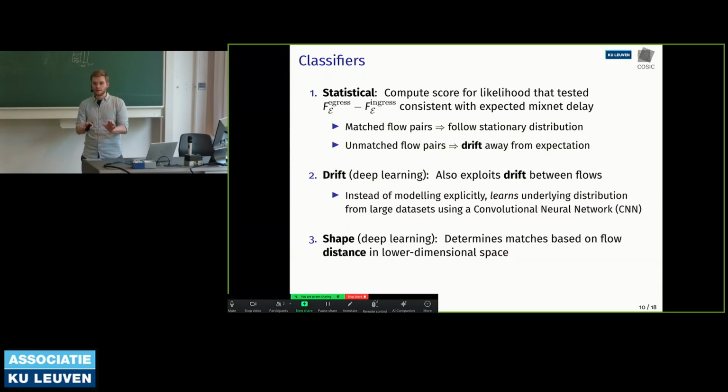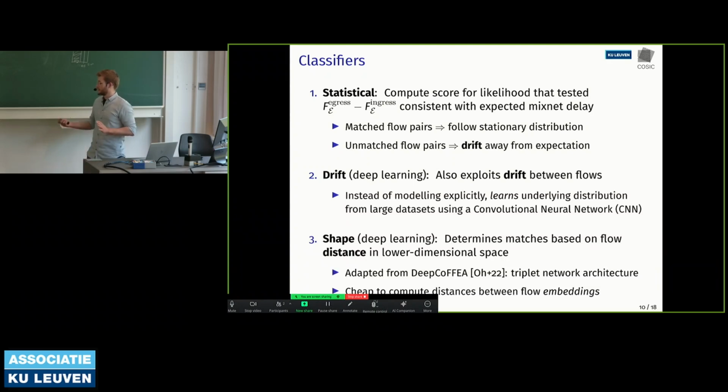In this distance metric, matched flows are grouped closely together, and unmatched flow pairs are spaced far apart. So you compute this distance metric, and based on that, you know whether the flow pair is matched or not. I mentioned it's adapted from Deep Coffee, and this architecture is called a triplet network architecture.